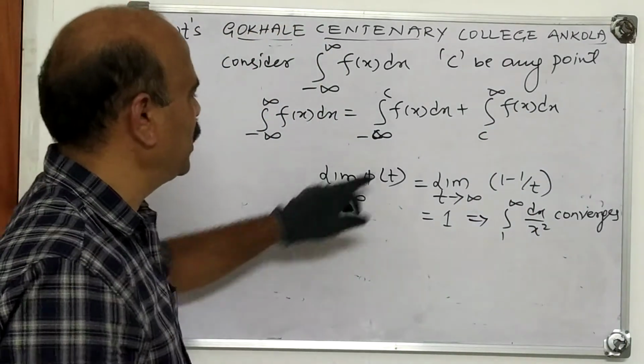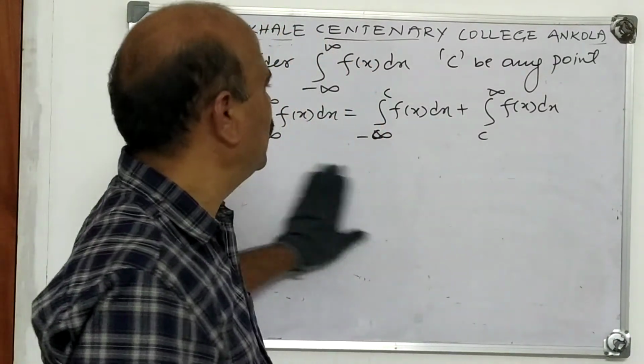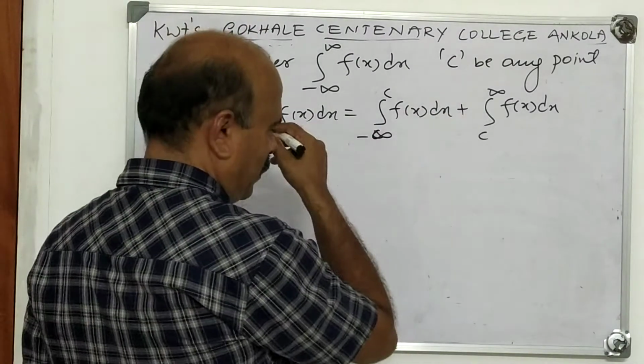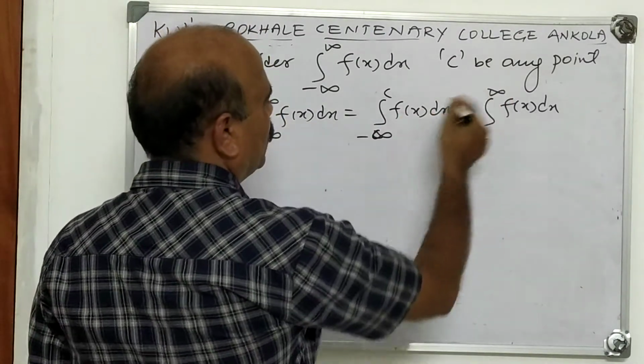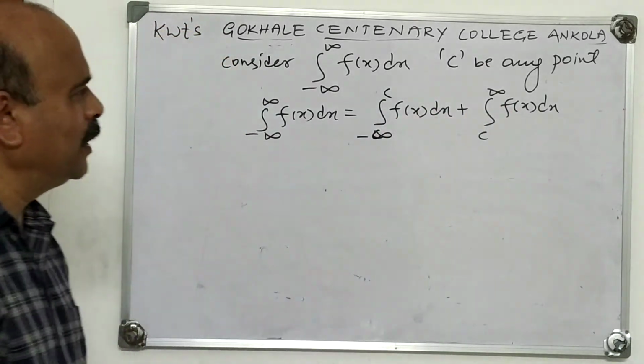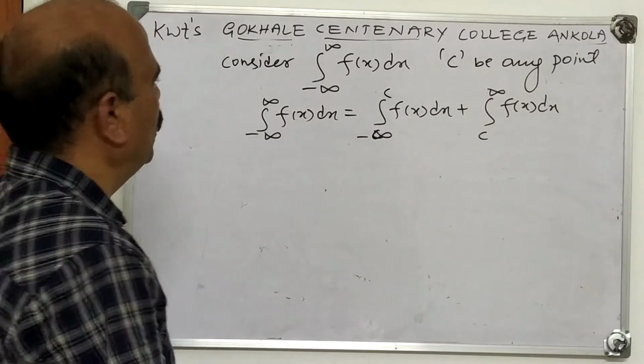Now this is converging at minus infinity, converging at infinity. We have discussed this type. If both these two converge, then we say that the improper integral converges.